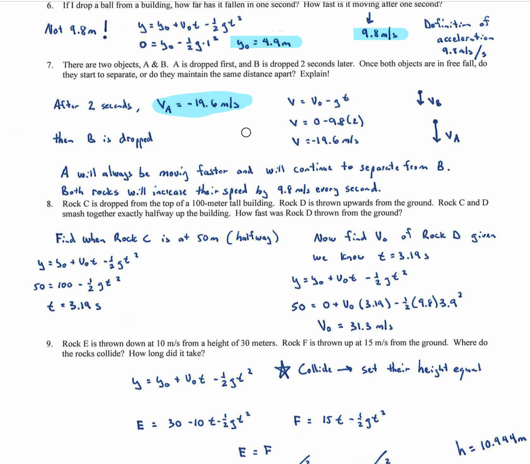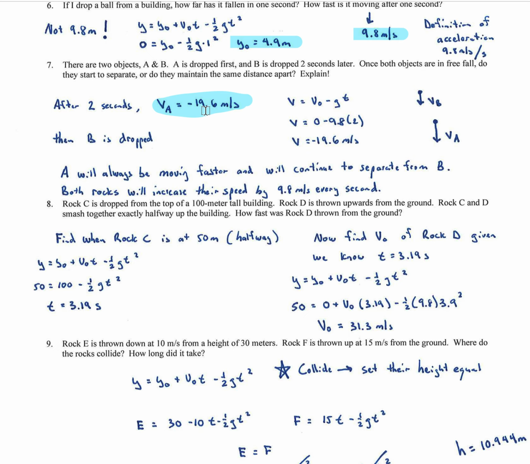And then if you think about, A will always be moving faster than B, thus it will continue to get further and further away from B. Just think, after 3 seconds of A being in the air, isn't it now going what, 29.4 meters per second, and B is only going 9.8 meters per second.